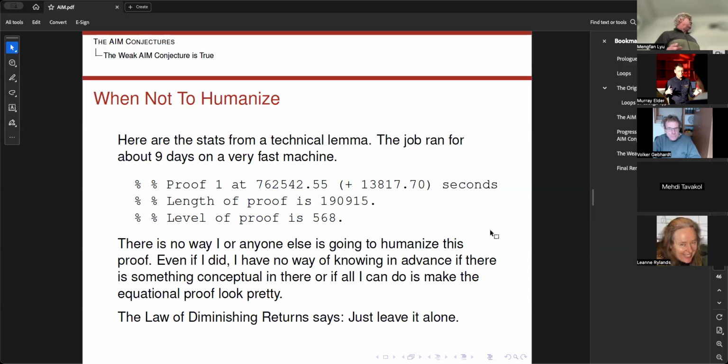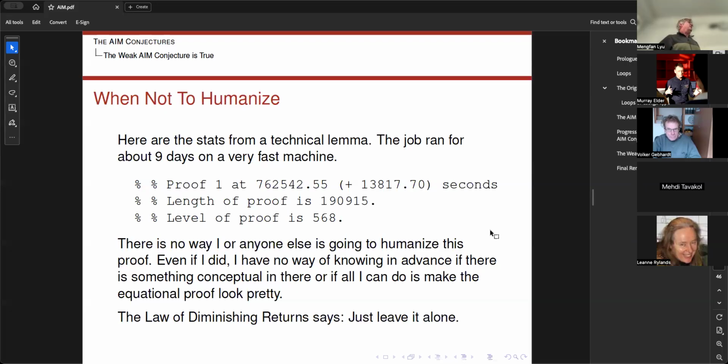This is one of the technical lemmas. These are the stats from the end of the run. So the proof took this many seconds, plus some other number of seconds, which is just counting the pre-processing time before the search actually started.